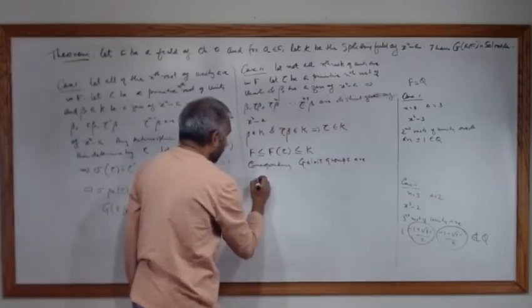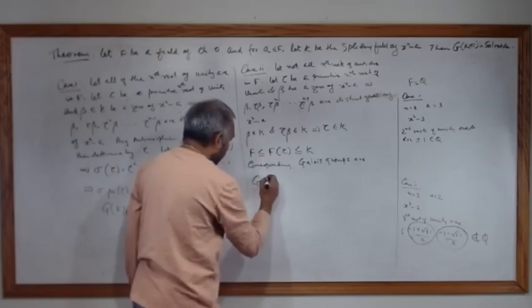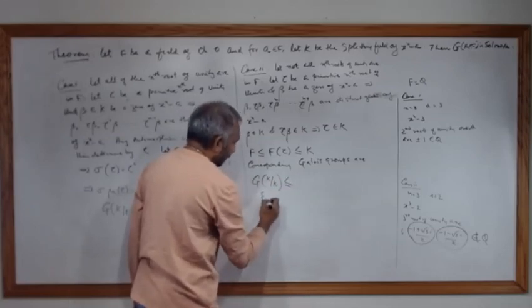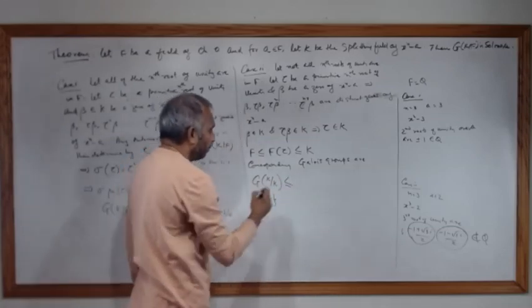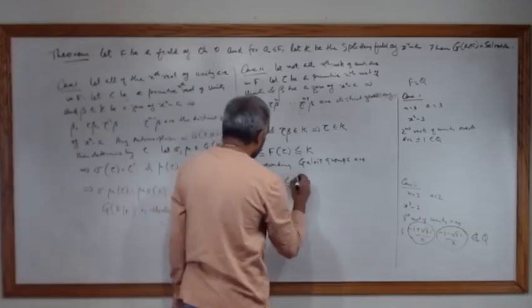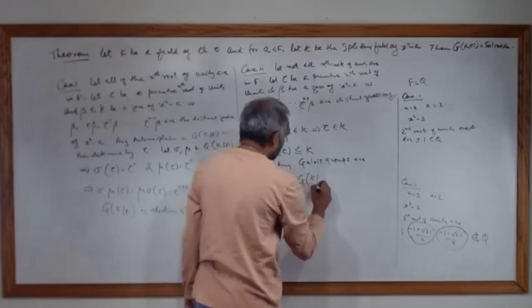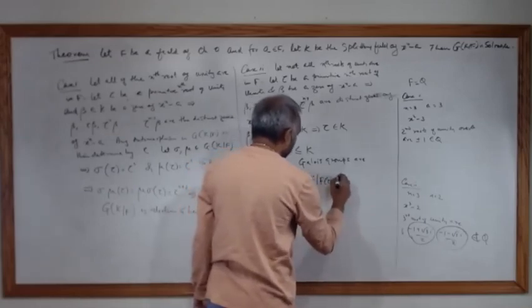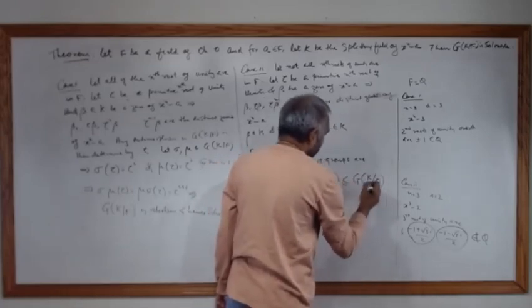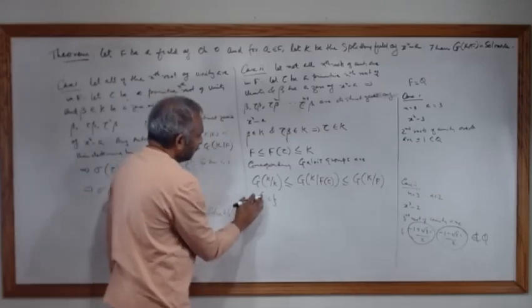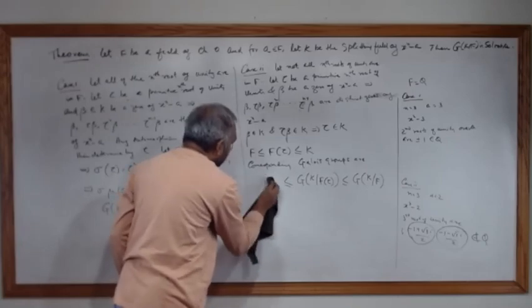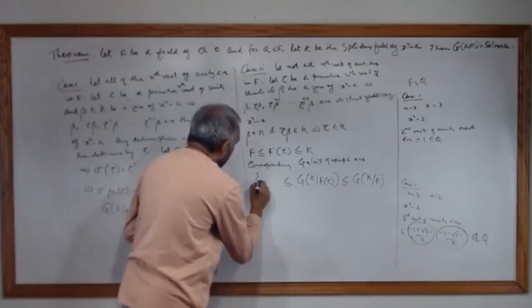So it will be G of K over K, that is actually the identity map, the group containing the identity automorphism. Then we have G of K over F of zeta. Then we have G of K over F.